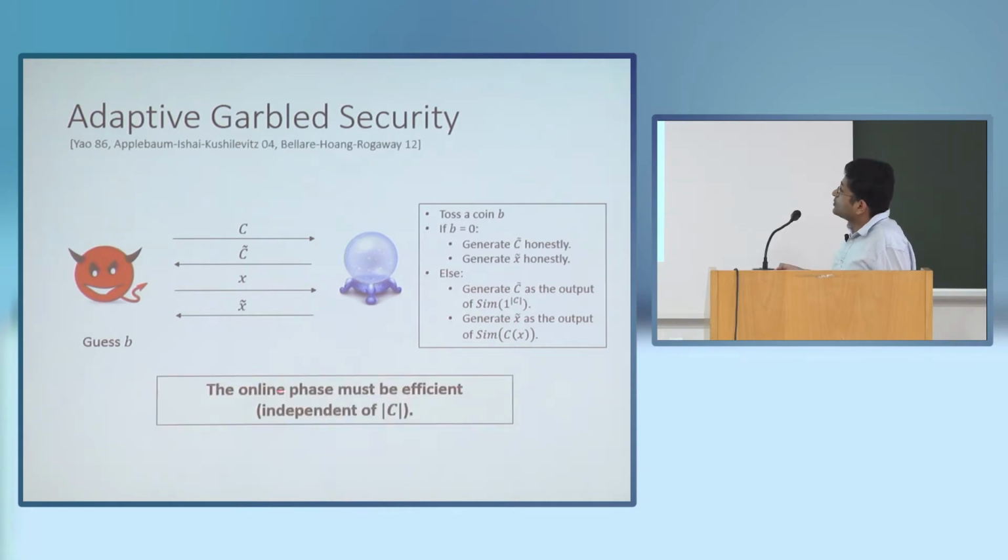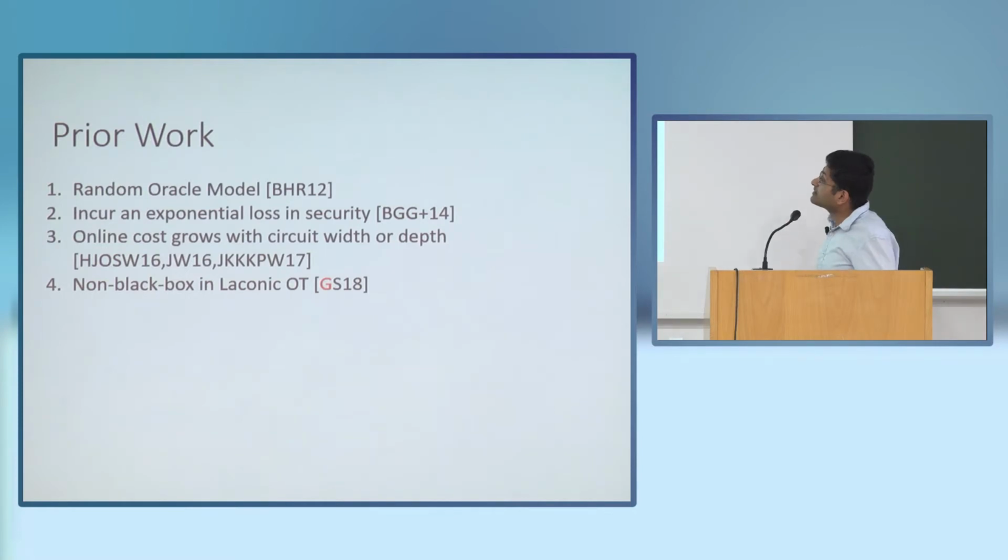And the constraint here is that we want the online phase to be efficient. In particular, we need the X tilde to be much smaller than the size of the circuit. So that's the requirement for adaptive garbling. There are four results that I know of here, or four ways of doing this, except of course using indistinguishability obfuscation. The first one is you could use the random oracle model and then the result follows right away.